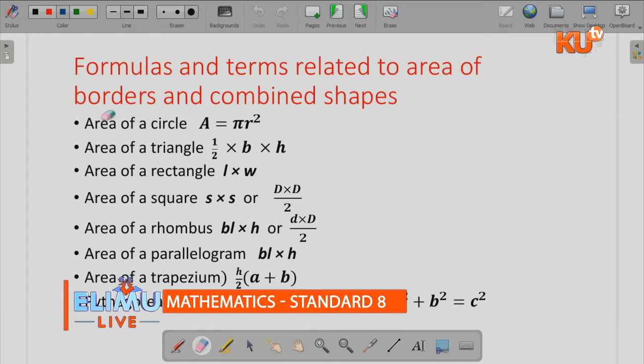Then on the lower side, we have the Pythagorean theorem, which is the right angle relation: a square plus b square is equal to c square. That one will be assisting us to get the sides which you have not been given, especially when it is a triangle and you have been given 2 sides and you need the other side to find the area of a triangle or area of the figure. We will be using that.